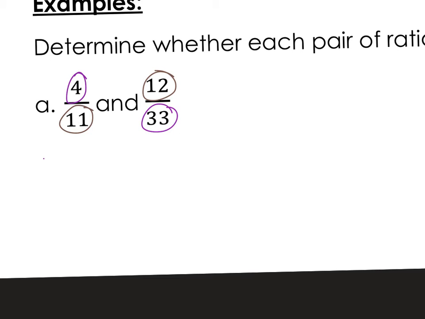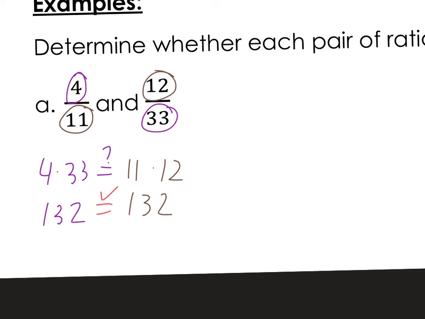So 4 times 33, is that equal to 11 times 12? Well, 11 times 12 is 132. 4 times 33 is equal to 132. And so these two are equal to each other. That is a proper proportion.